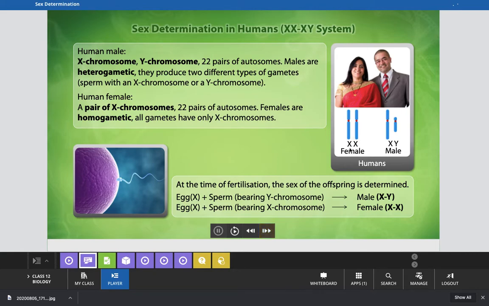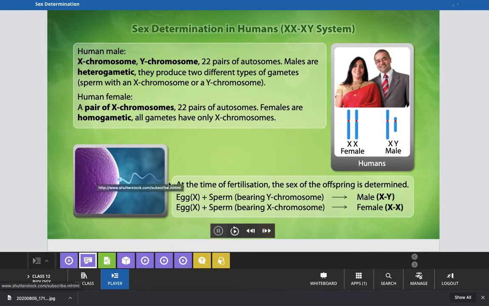You can see here, with XX genotype, females are formed, and with XY type of genotype of the 23rd chromosome pair, males are formed. Now, at the time of fertilization, what happens?